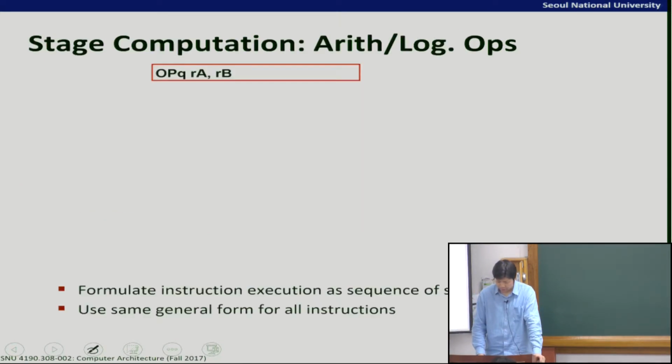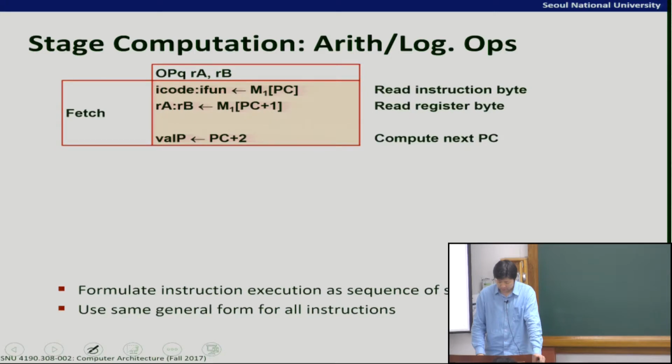So here is another view of how we do it. You want to execute an OPq instruction, which takes 2 register operands, RA and RB. In the fetch stage, you first read the instruction byte, the opcode, from the location at PC.